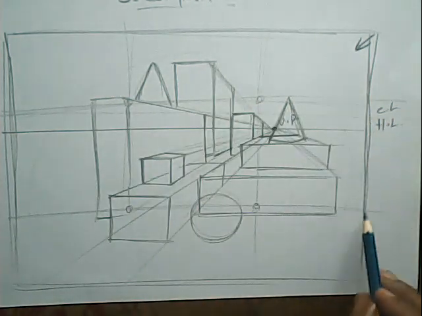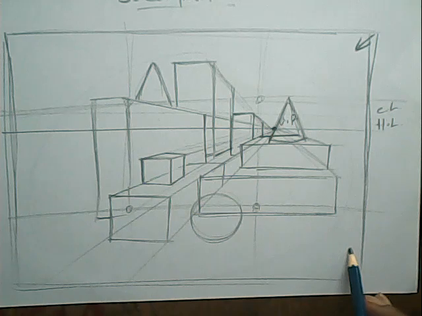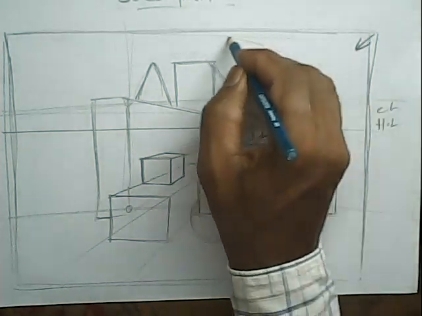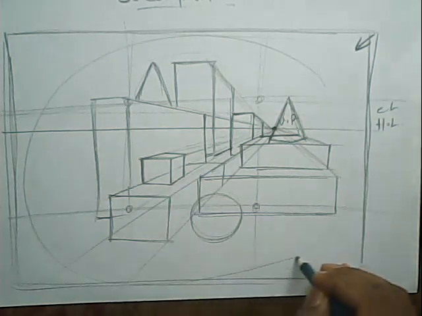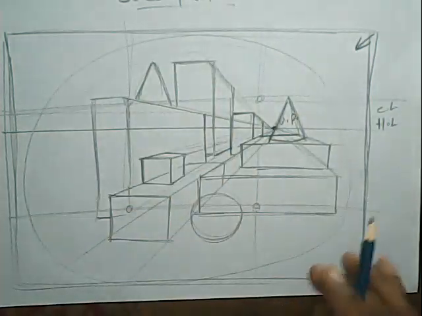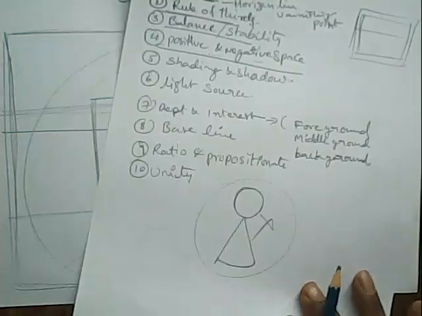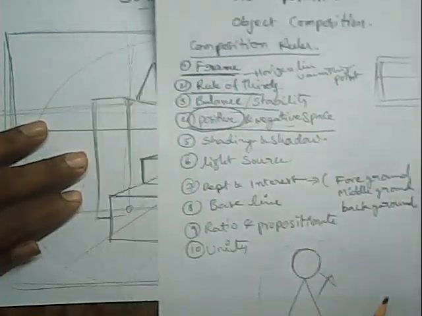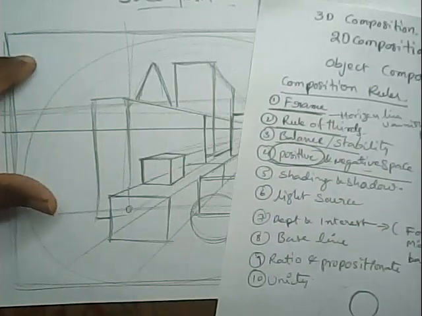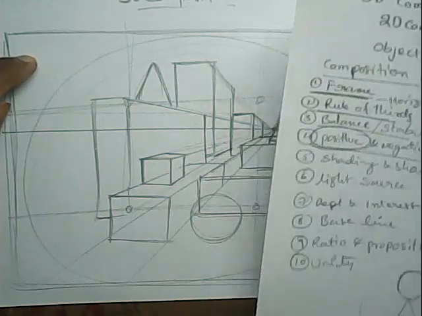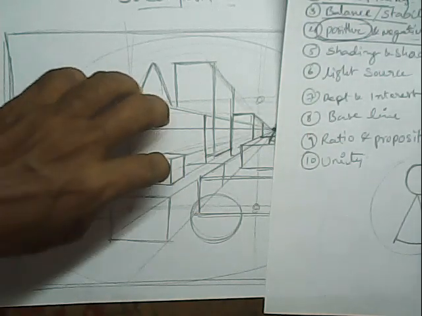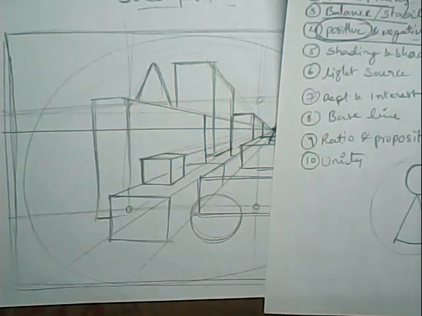Apart from the composition, the remaining area is negative space. Positive space should be more in the composition and negative area should be very little. It shows that you are giving importance to the composition.